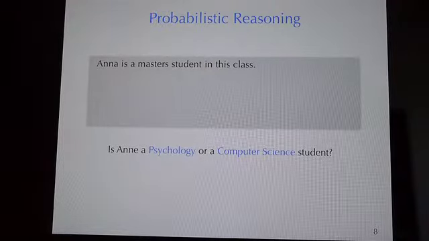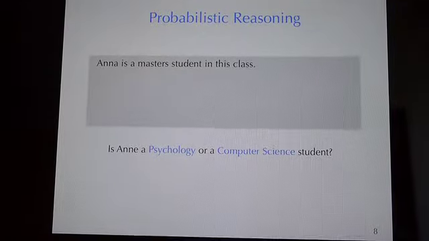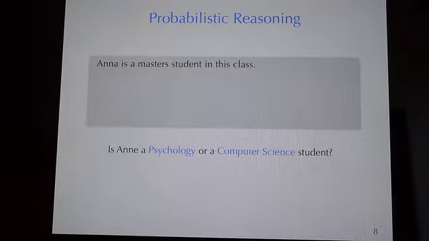So you see that we have two factors to keep in mind. One is, what is the a priori probability that Anna is a psychology or a computer science student, and what is the likelihood of Anna matching the description once we know that she comes from a particular program? So deciding what program suits better a particular case or a description of a student is actually an example of a probabilistic reasoning task.